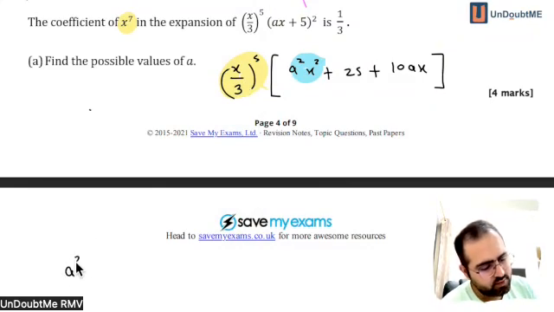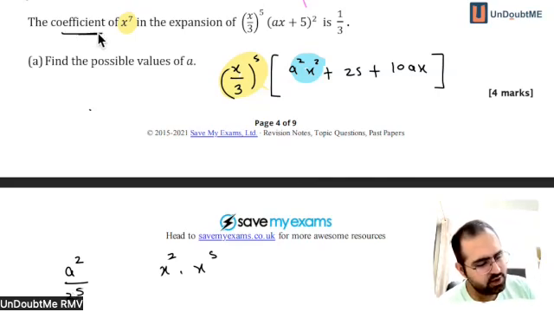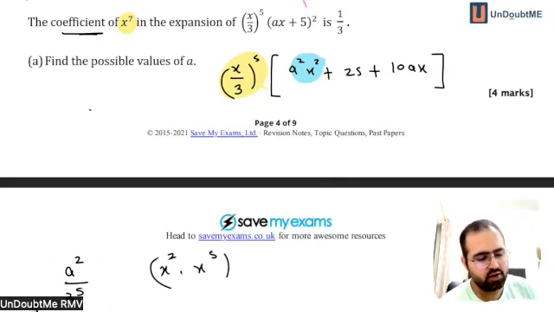So I will get a square separate, x square, x to the power 5 separate, 3 to the power 5 over here. I'm just segregating the constant terms and the powers of x. In the question, it is given that the coefficient of x to the power 7 is 1 by 3.